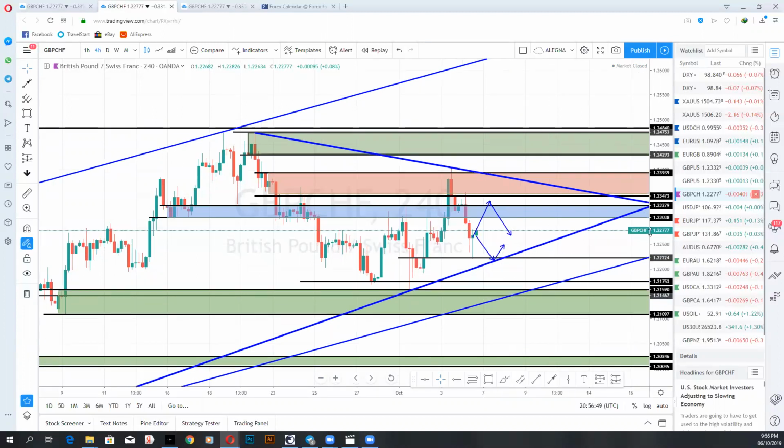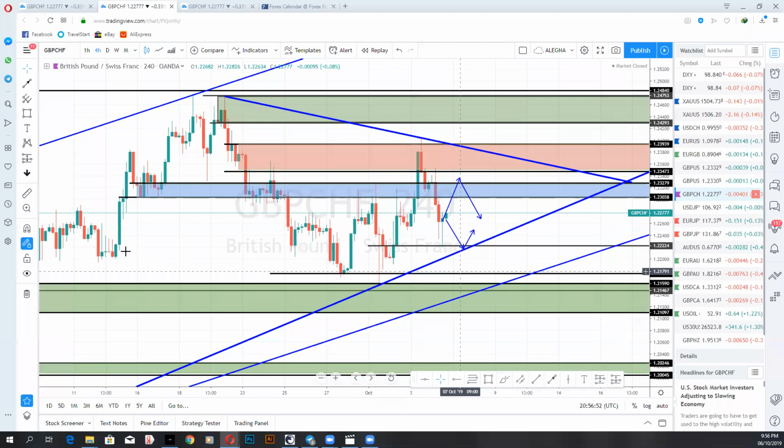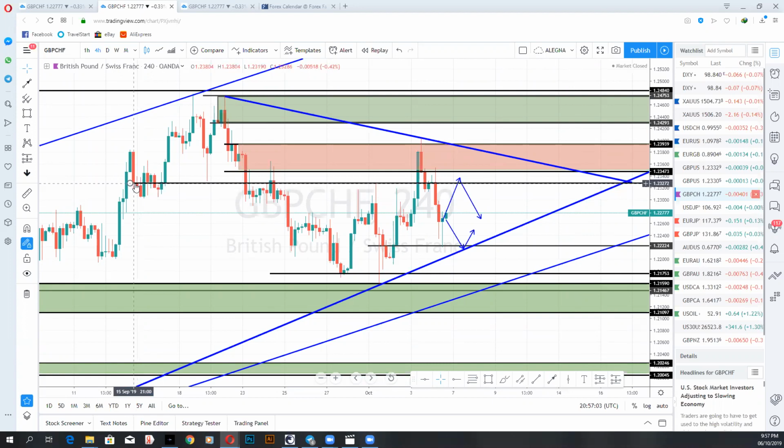So this is what we have here. We have quite a lot of levels on this chart. Let me remove this from last week. This is support structure and this is resistance. If it rallies into here and gets rejected, it may drop.